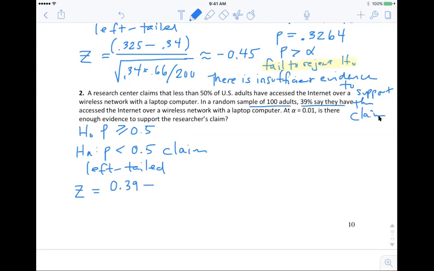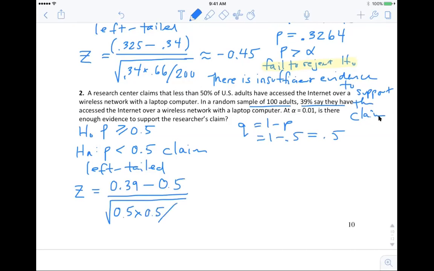Minus p, always use the value from the hypotheses, okay, over square root p again, and then there's that q is 1 minus p. If you want to write that over here somewhere, 1 minus p, 1 minus 0.5 is 0.5. So we got a 0.5 there as well. Divided by n.